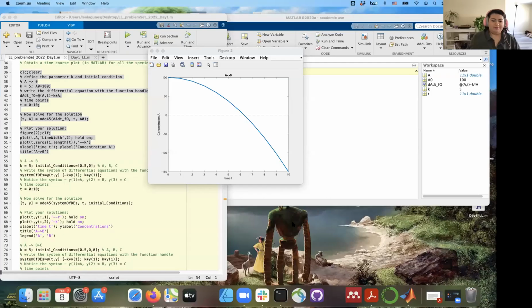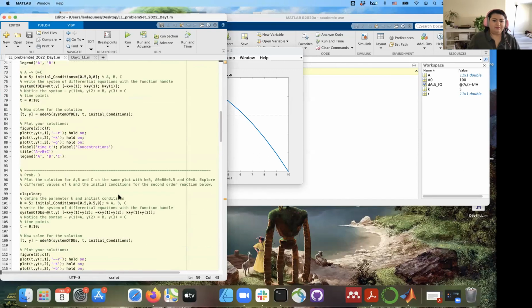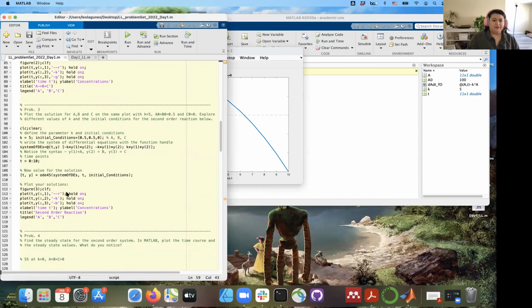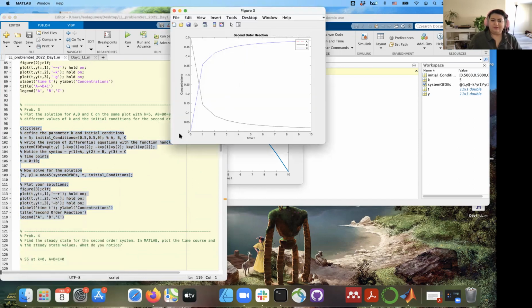Okay, so let me just share what my solution looked like. We can use any of the ODE solvers, but let me go ahead and plot mine. So here we go.